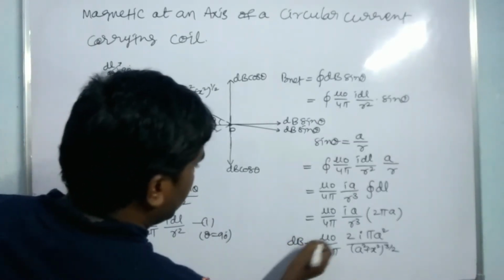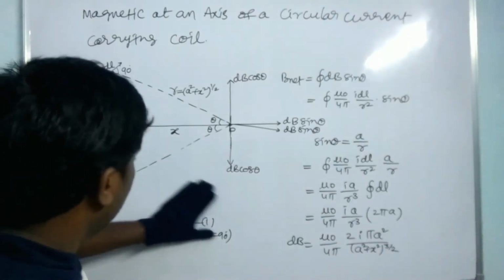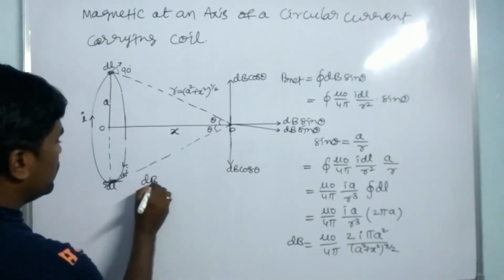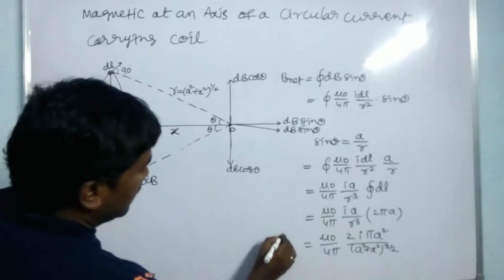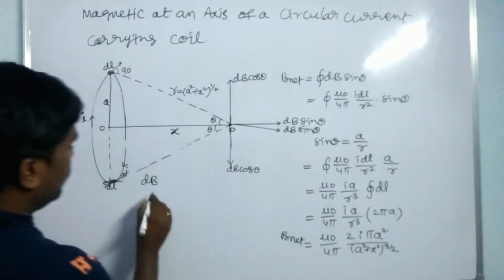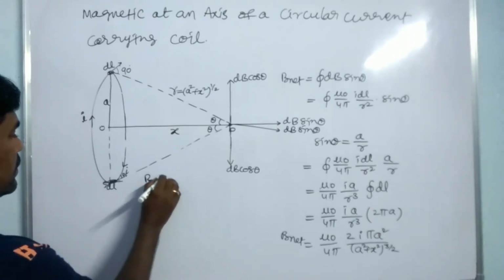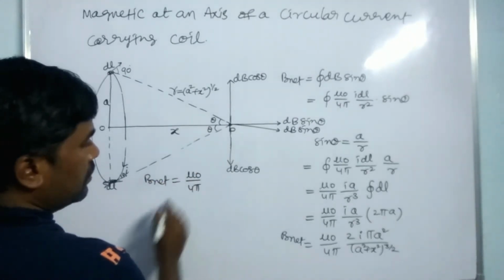So let us simplify here. So therefore the total B net is equal to mu naught upon 4 pi, right?